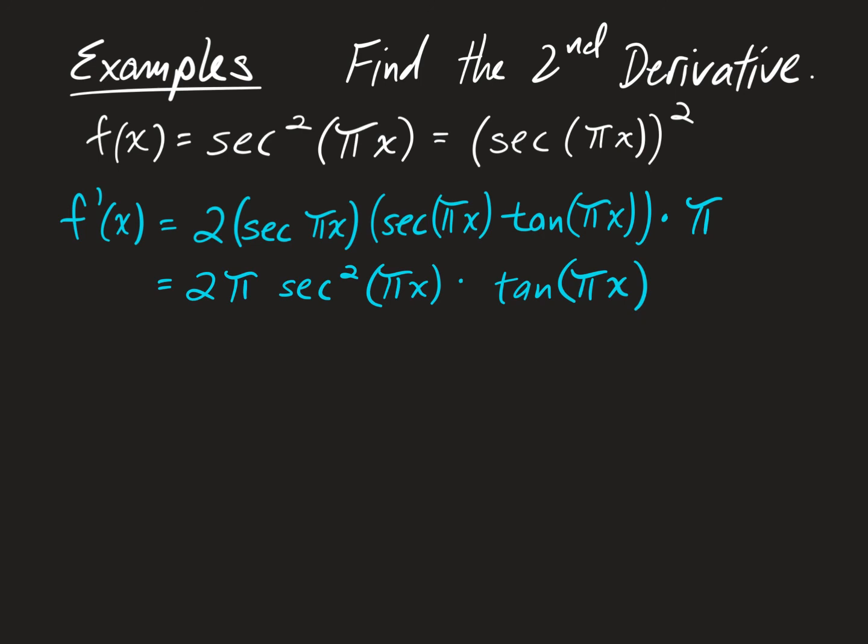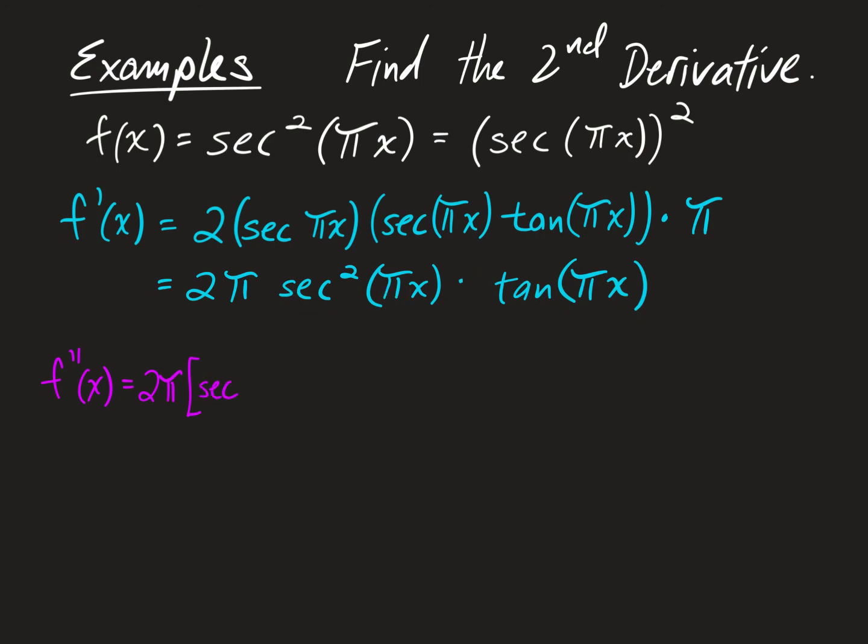Okay, thankfully, we already know what the derivative of secant squared pi x is. So let's use that to our advantage when we go through and complete this second derivative. So the second derivative is equal to 2 pi, and we're just going to leave that out front because that's a constant being multiplied here. We can say first times the derivative of the second.